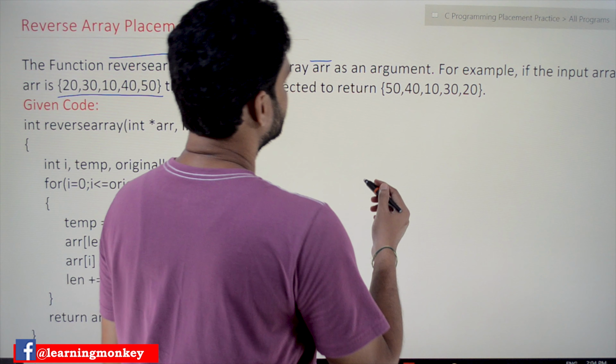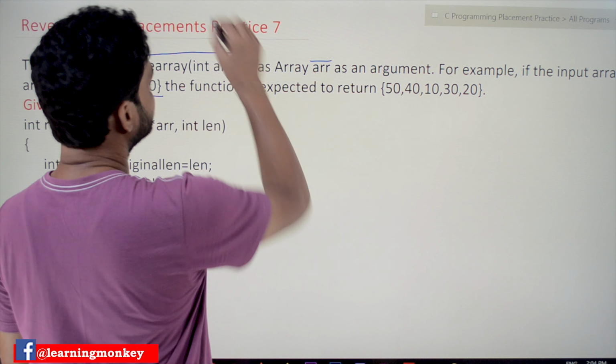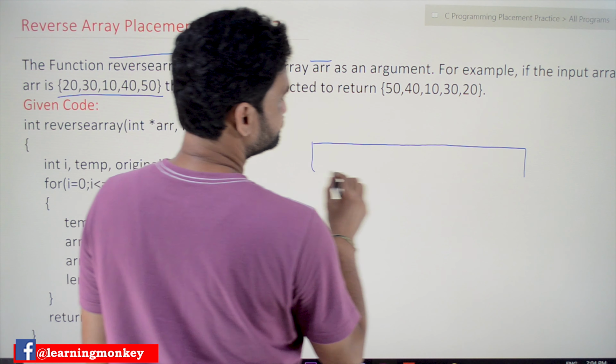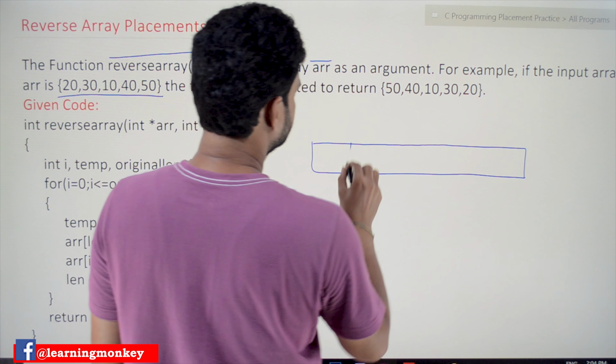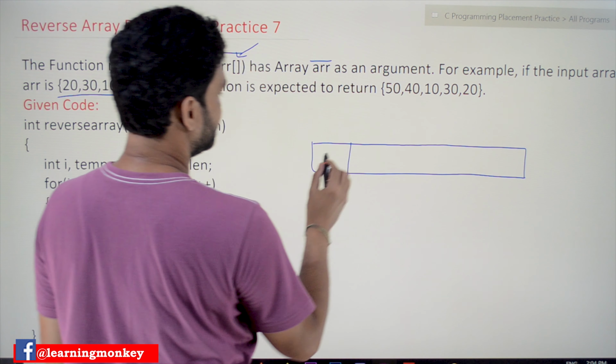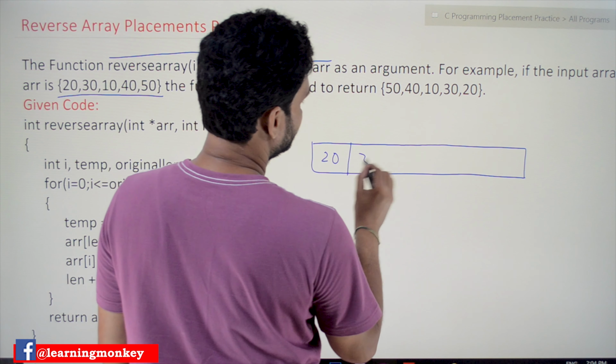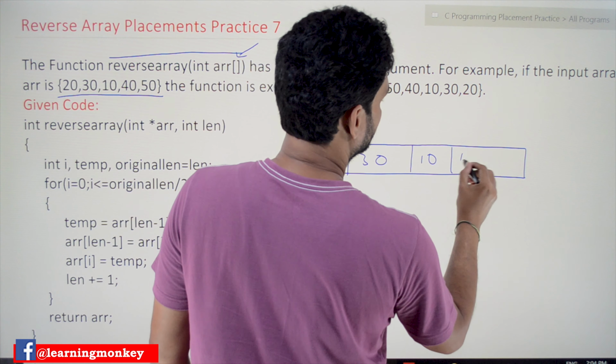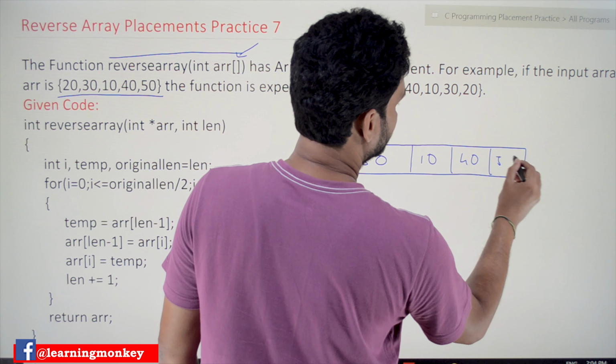First we'll take the array and try to understand with an array. We'll take the same array: 20, 30, 10, 40 and 50.